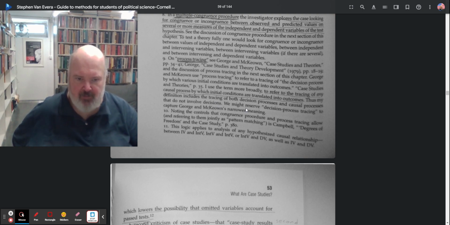We might reserve decision process tracing to capture George and McCoy's narrow meaning, right? It's more narrow. But his definition includes tracing both of decision processes and causal processes that do not involve decision.